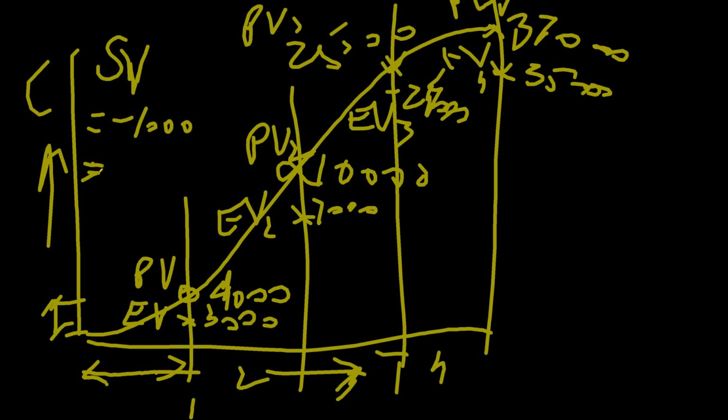Now you are making sense. So this is EV minus PV. The standard formula for schedule variance is EV minus PV. So schedule variance for first month, first earned value minus first planned value, is minus 1,000. What is the SV at second month?